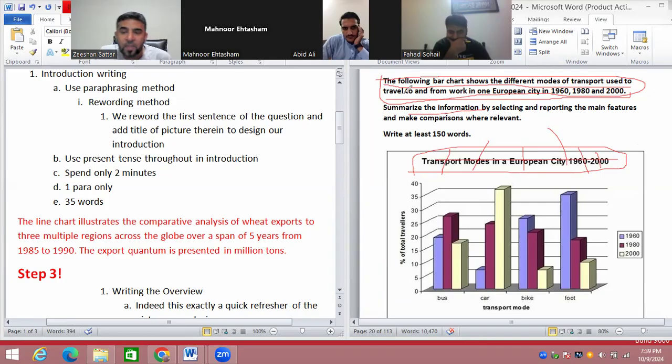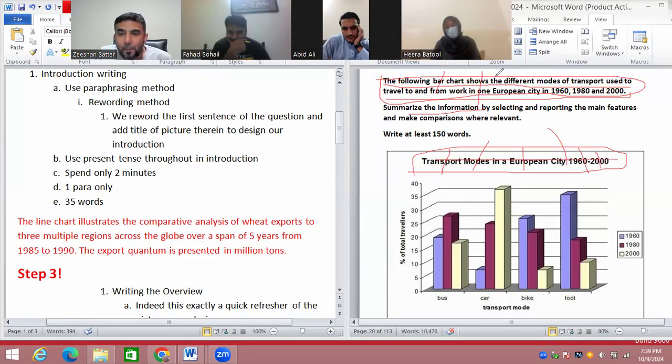मिसाल के तौर पे, the following bar chart, the graph shows, illustrates the comparative analysis of different multiple modes, methods of transport, traveling used, adopted to travel to and from work, adopted by कौन जाता है office?